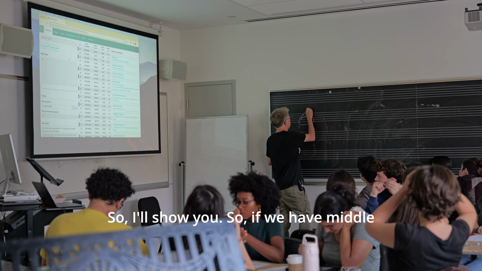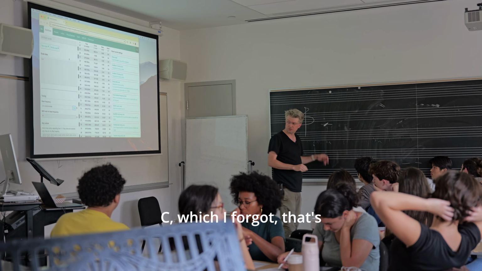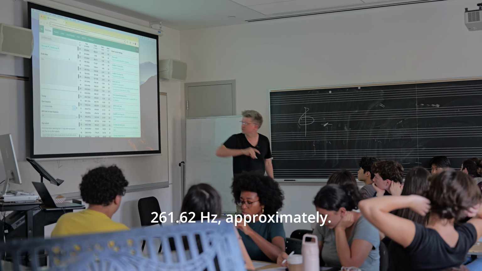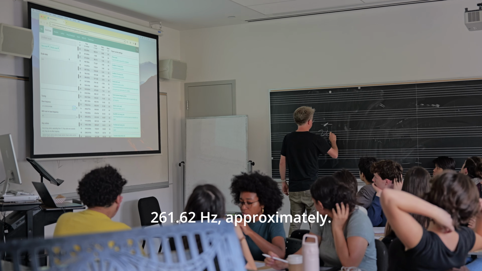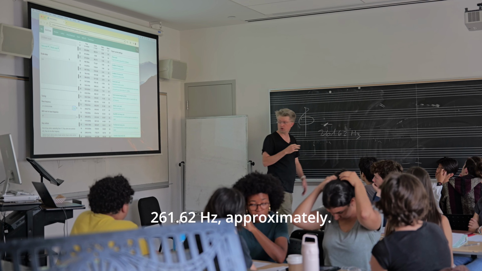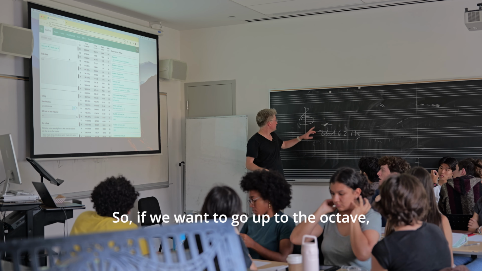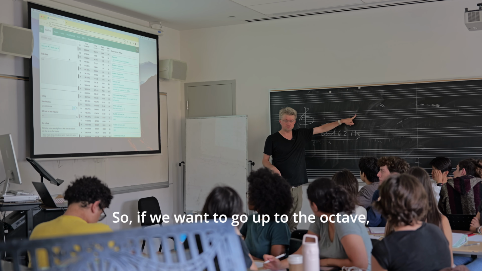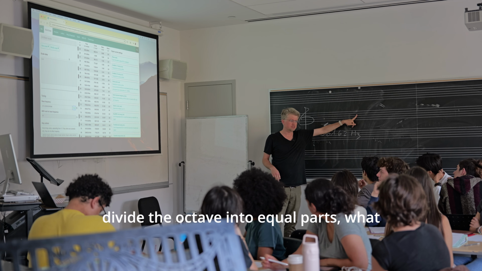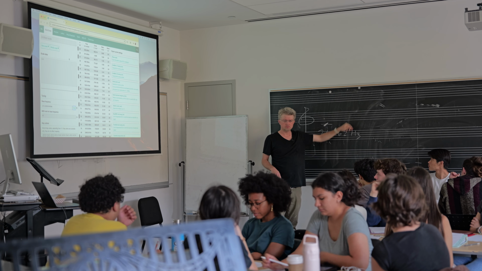So if we have middle C, which I forget, that's 261.62 hertz, approximately, with a lot of numbers after. If we want to go up to the octave, divide the octave into equal parts, what are some different ways I can do this?